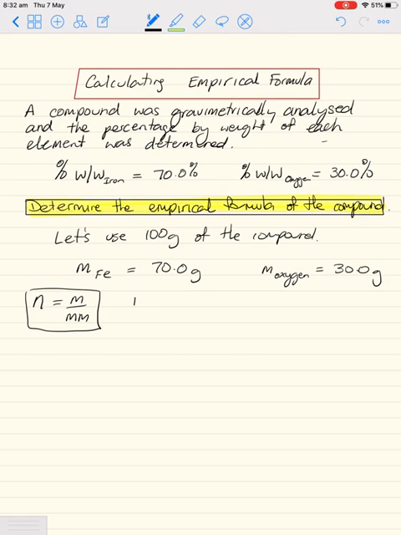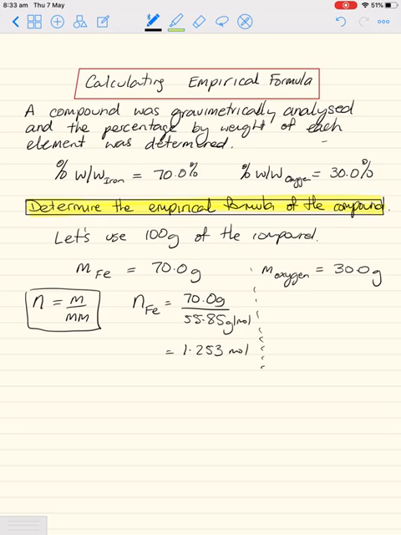So the moles of iron is equal to 70.0 grams over the molecular mass of iron, which is 55.85 grams per mole. And that works out to be 1.253 moles of iron.